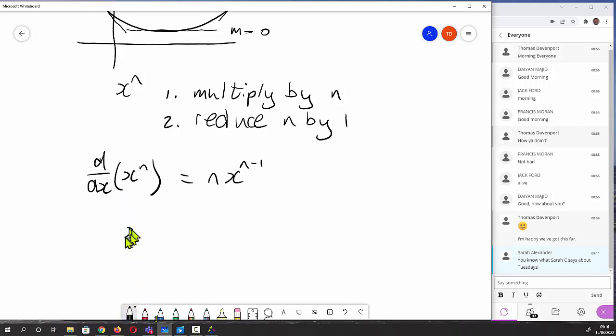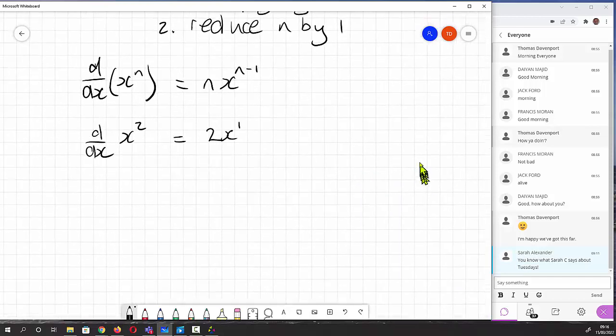As an example, let's start with a simple thing like x squared, and if we differentiate that, d by dx of x squared, that's going to equal 2, we multiply by n, and then we reduce n by 1, so that becomes 2 times x to the 1. You wouldn't bother writing the 1, but I've just written it so it's clear that I've reduced 2 to 1. Okay, so that is how you differentiate.